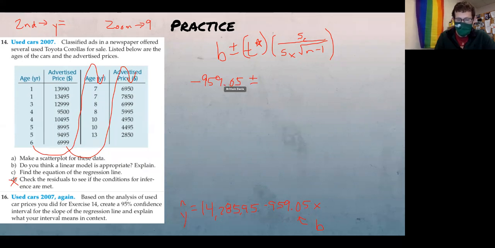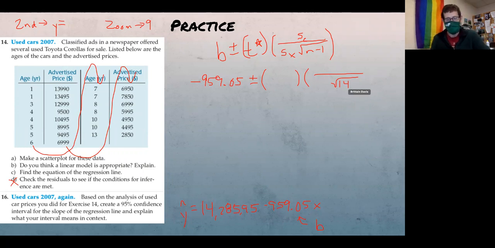So t star, we'll skip that for now, just leave it blank. And then the s sub e, well, we don't know that one yet. I'm going to leave it blank. s sub x, we don't have it yet. n is, we got 15 data points, so it's going to be 14 right here. Square root of 14.